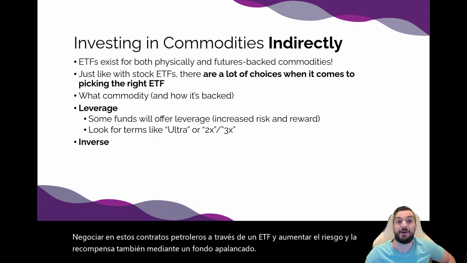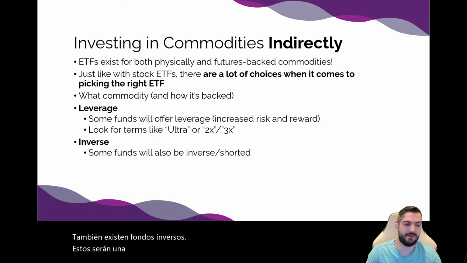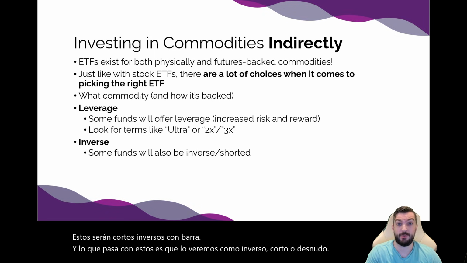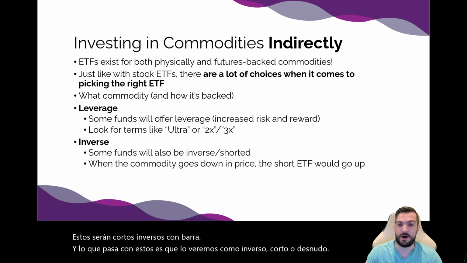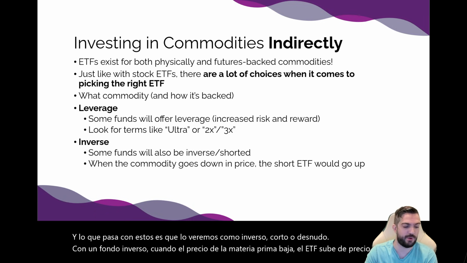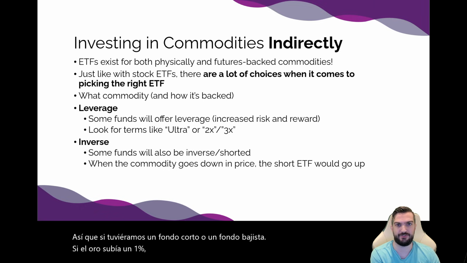Also, there are inverse funds. We'll see it as inverse, short, or bear. With an inverse fund, when the commodity goes down in price, the ETF would go up in price. So if we had a short fund or a bear fund, if gold went up by 1%, the fund would go down by 1%.